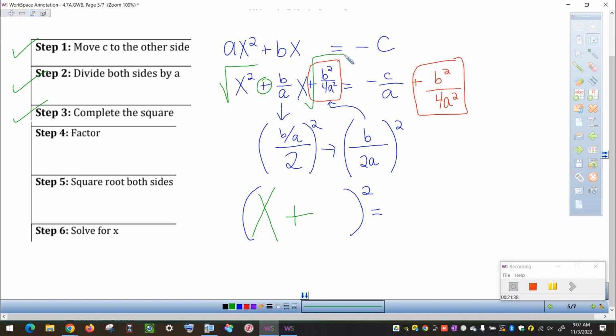Well, let's talk about how you can take the square root of a fraction. You just take the square root of the numerator, put it on the numerator, then you take the square root of the denominator, and you put it on the denominator. So if we square root each part, the square root of b squared is b, and the square root of 4a squared is 2a.